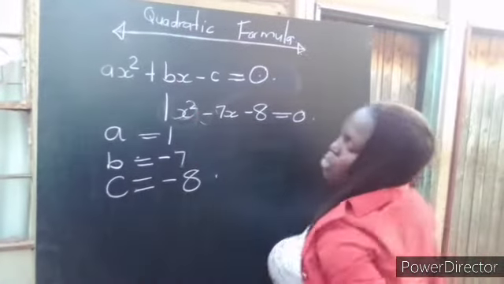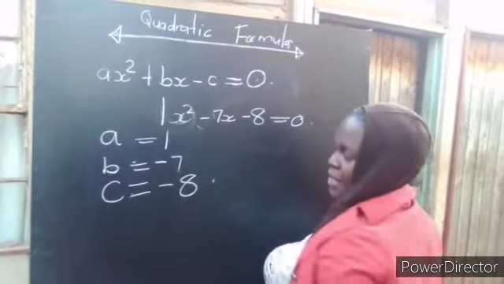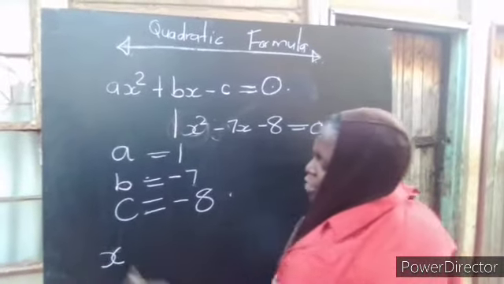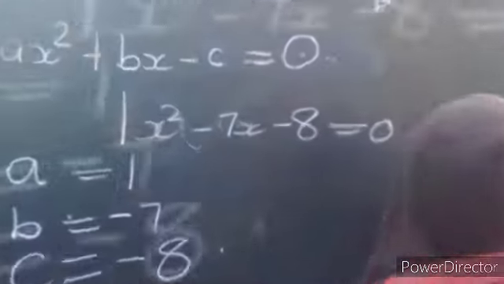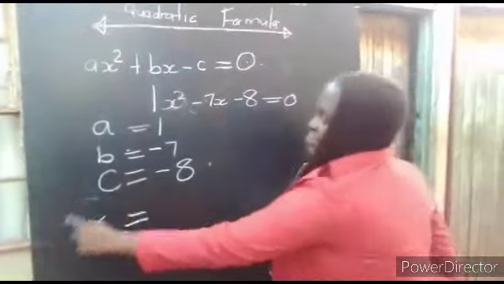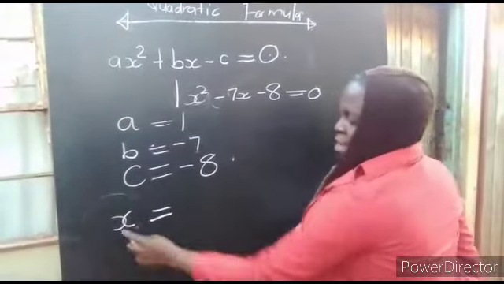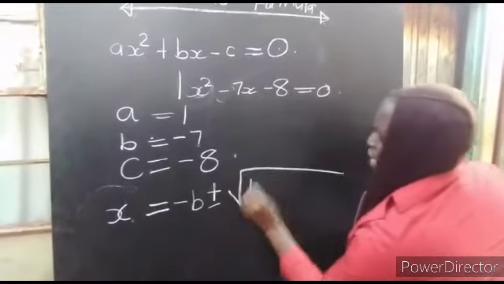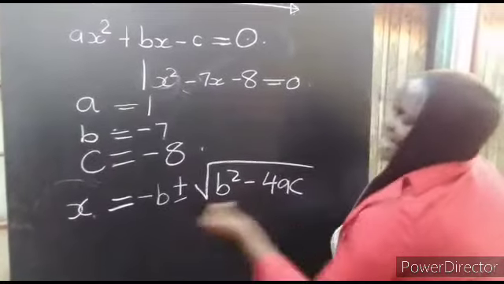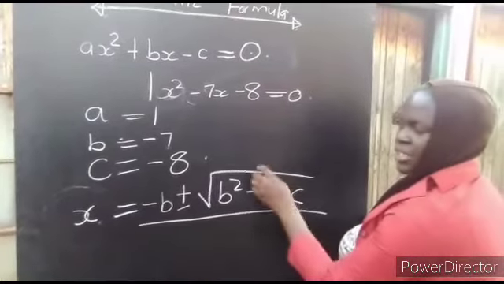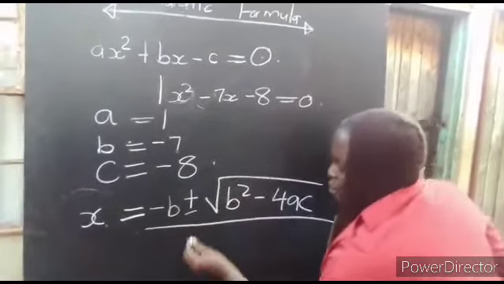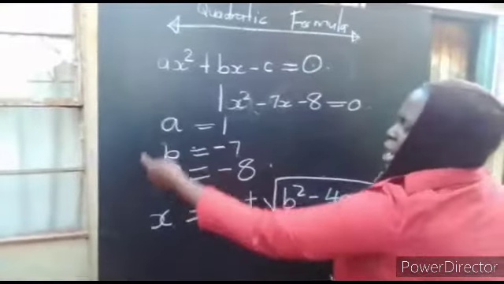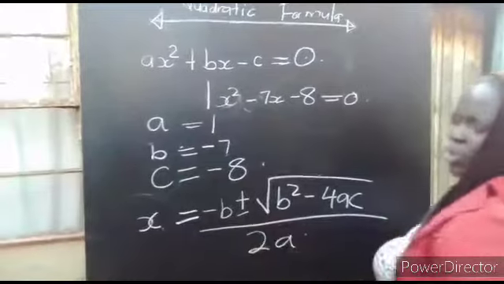Now we write the quadratic formula. For us to find the value of our unknown, which is x, x will be equal to minus b plus or minus the square root of b squared minus 4ac, and everything at this square root, everything will be over 2a. So you should know which is your a, your b and your c, then just substitute the values.